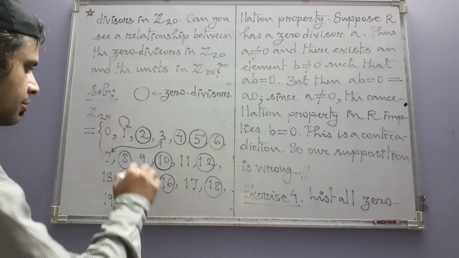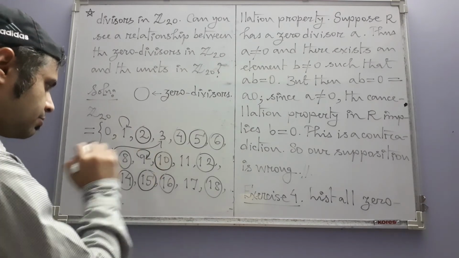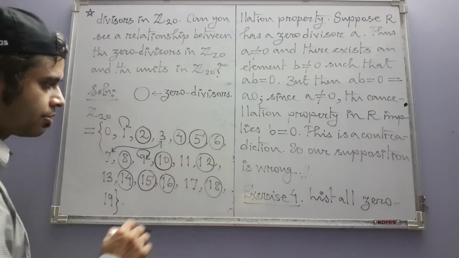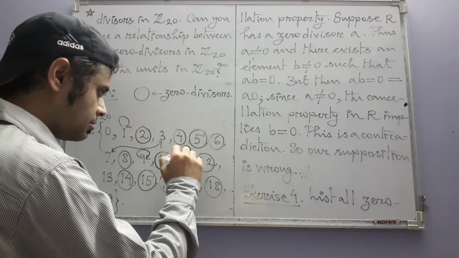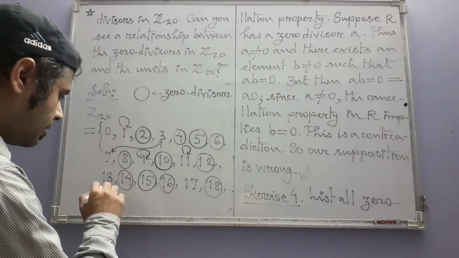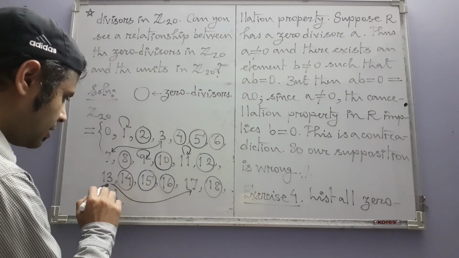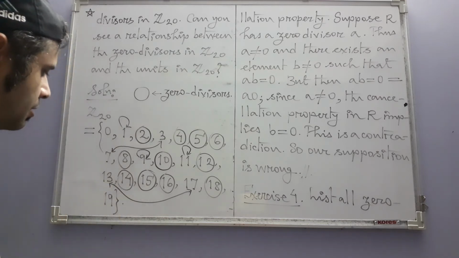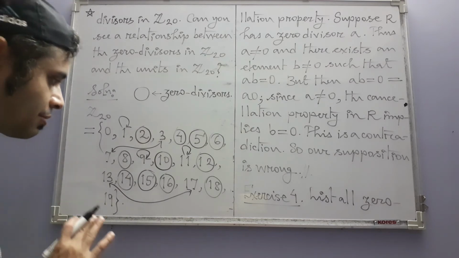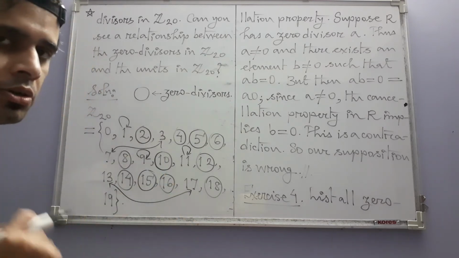Like that, 9 is a unit and its inverse is itself. 11 is also a unit whose inverse is itself. 13 is a unit and in fact its inverse is 17 and the inverse of 17 is 13, because their product is not divisible by 20, but it is congruent to 1 modulo 20.